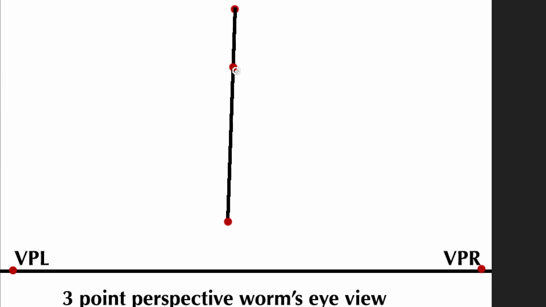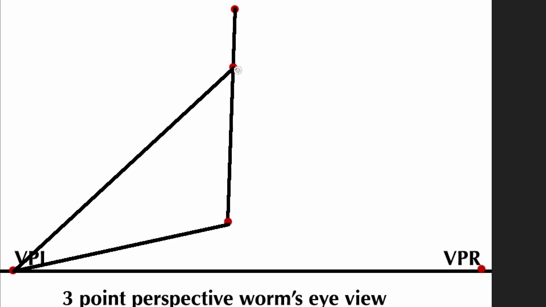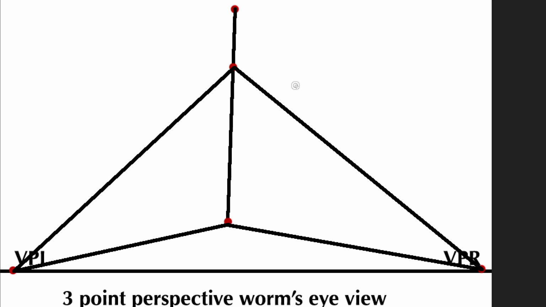Now again, I draw from point AB to the vanishing point on the left, and then again from line AB to the vanishing point on the right. And just like before, we are somewhat randomly deciding where we want the side of the box to be.